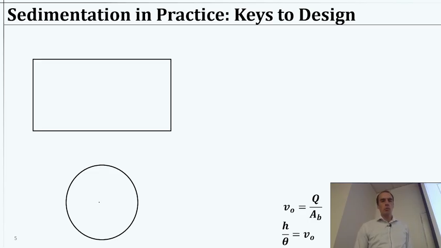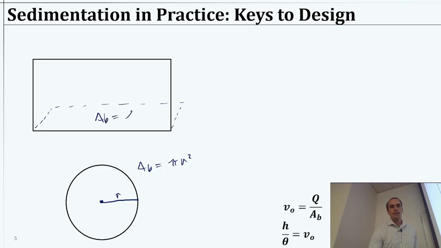Just one more reiteration of how this will work. If we have a given system where we have a radius here, area of the basin, like I said earlier, is pi r squared. Whereas in this reactor, we'll have area of the basin as length times width.